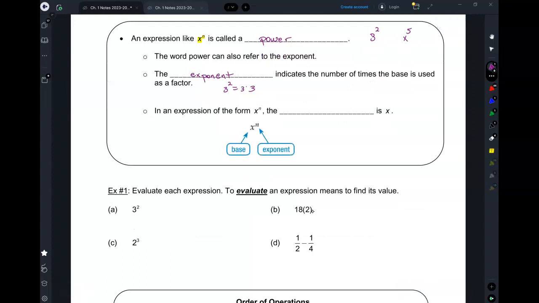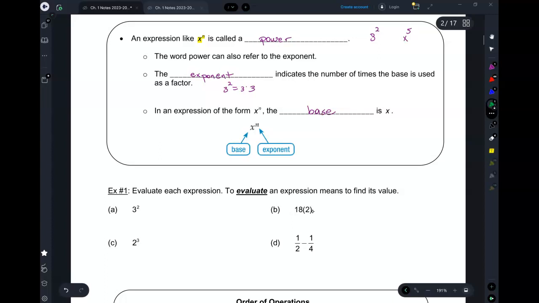All right, so when you have a power like this, x to the n, what is the x called? Is it the exponent? No. It's the power. The whole thing is the power, x to the n. The n is the exponent, and the x is the base.